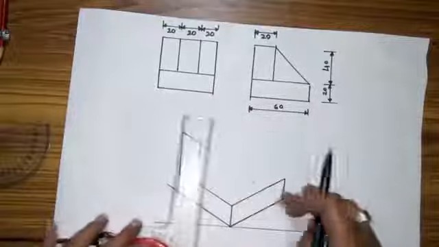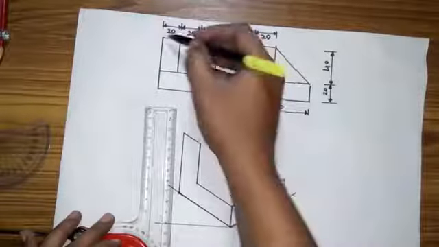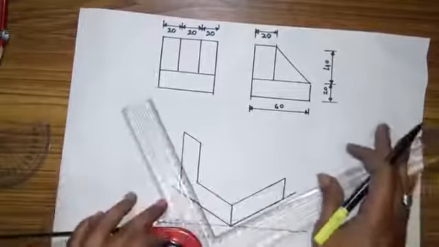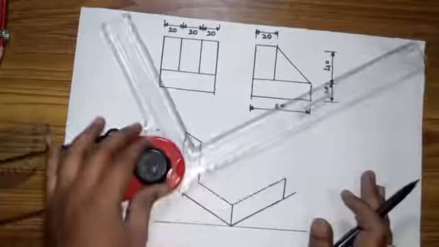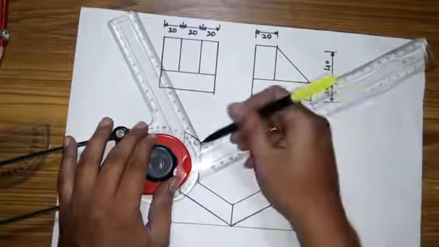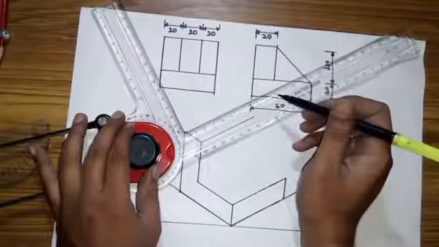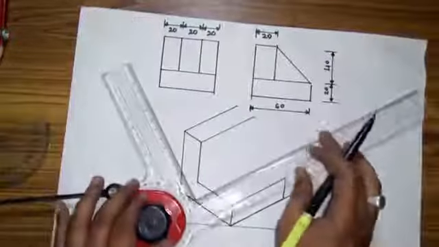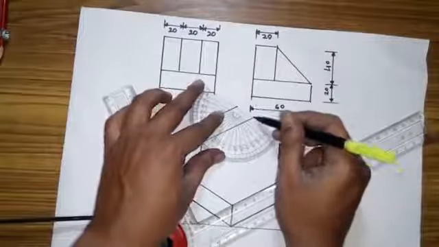Okay, then this 20 mm height, this square I have drawn. After this, from here the total width upward is 60 mm. So with this line set, draw 60 mm. How much is this? 60 mm only, so draw a 60 mm line. And from here also a 60 mm line. Then draw this line.